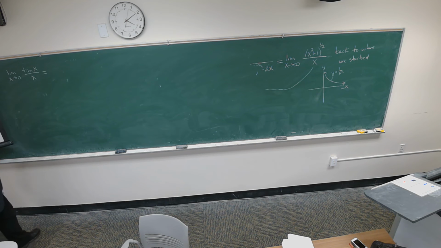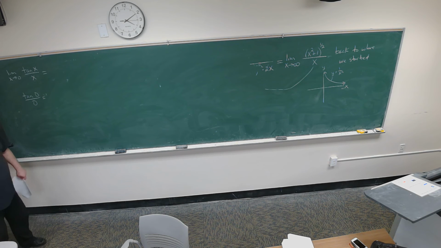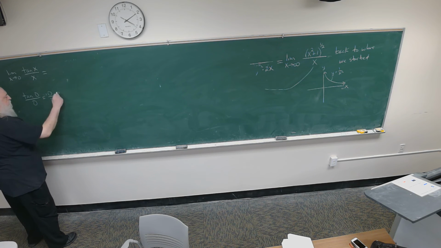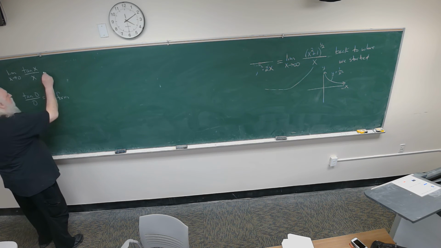So, as x approaches 0, this quotient approaches tangent 0 over 0. What's tangent 0 equal to? Does anybody remember? It's equal to 0. So this is 0 over 0 form. So we can apply L'Hopital's rule in evaluating this limit.